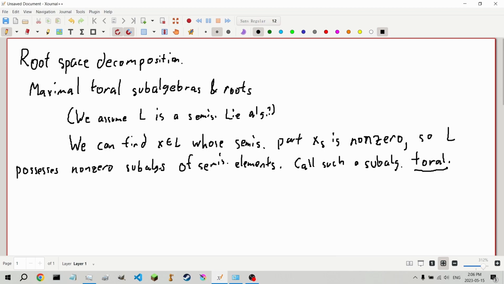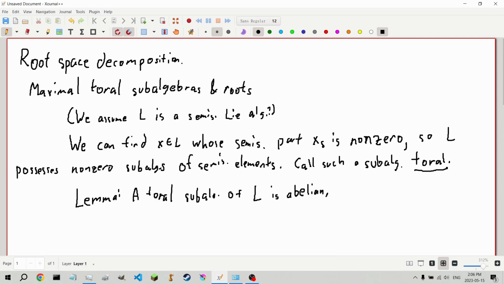And so this gives us a lemma similar to Engel's theorem, which states that a toral subalgebra of L is abelian. We may have covered this before, but it's worth having a refresher anyways.